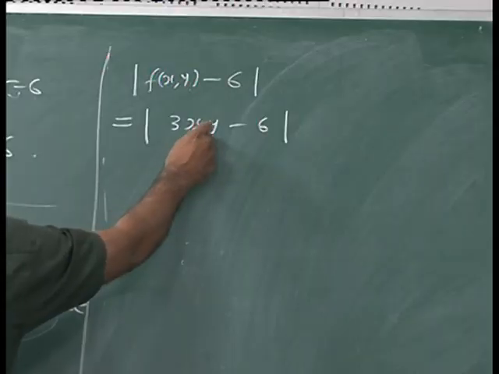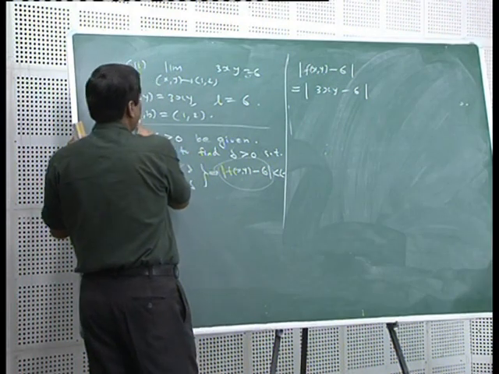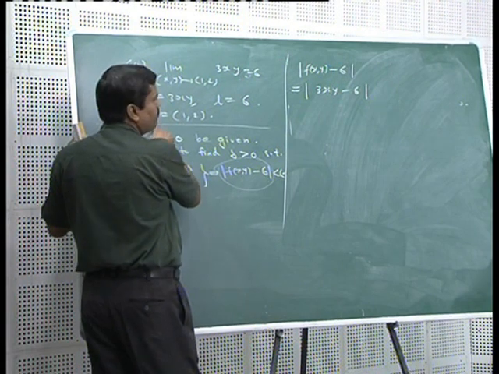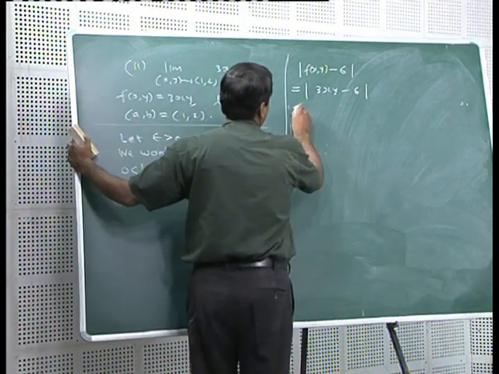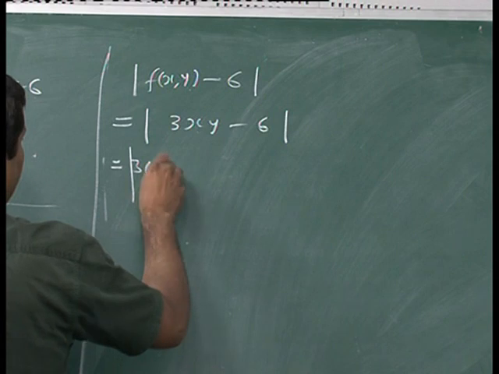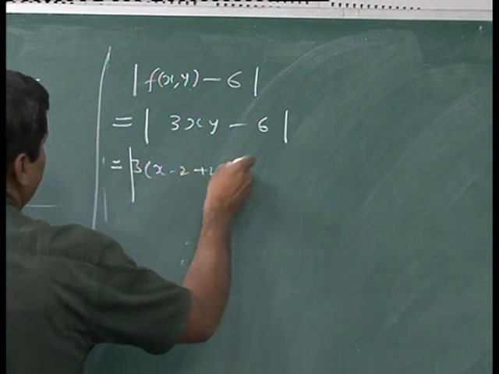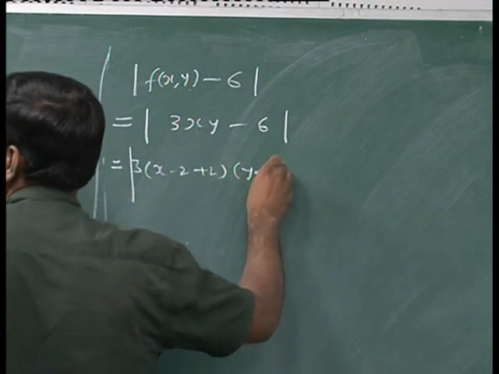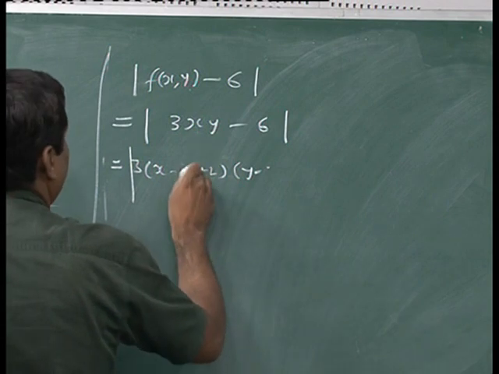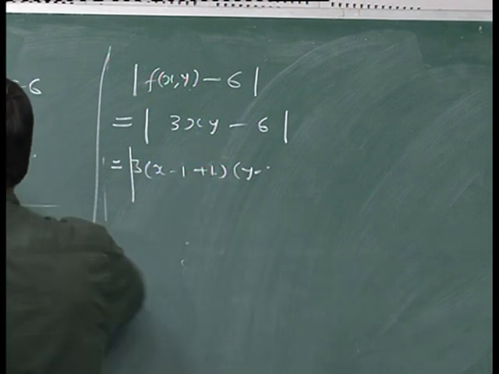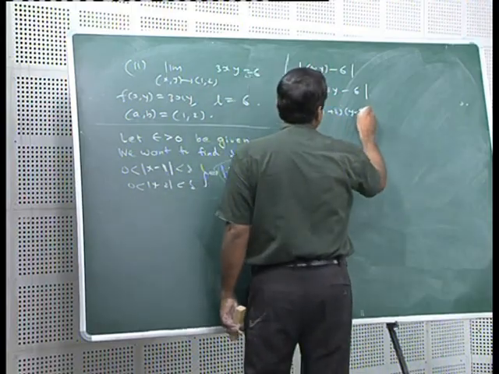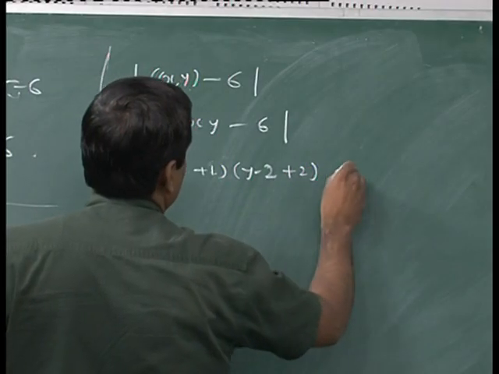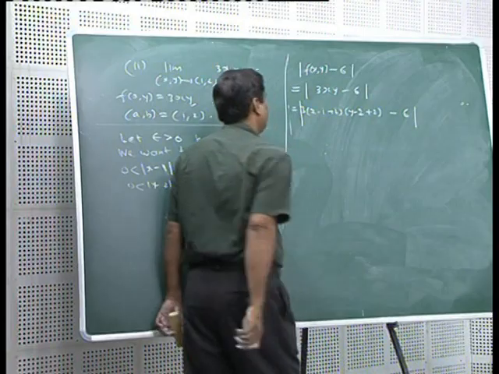Wherever x is there I am adding and subtracting a, where a = 1 and b = 2. So, I can write this as 3 into (x - 1 + 1) into (y - 2 + 2) - 6.